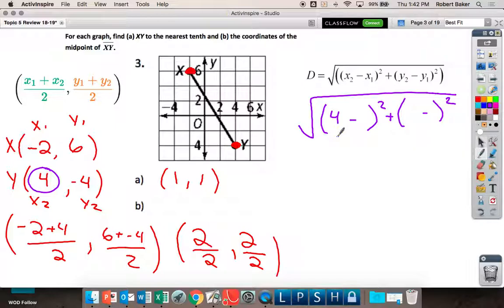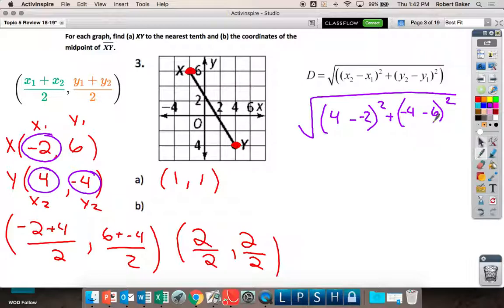My first x value is negative 2. So it's 4 minus negative 2 squared plus my second y value. Oops, sorry. Negative 4 minus 6. That's what I have to type in my calculator.